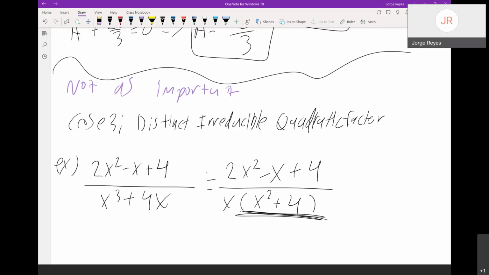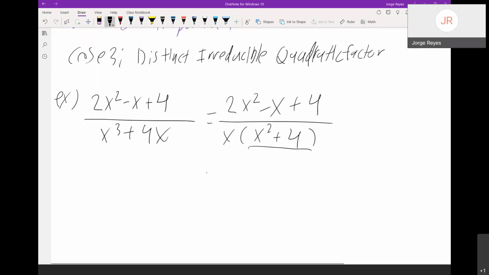All right, so when you have an irreducible quadratic factor, what changes? First of all, the x is the same. So this is going to be a over x. What changes though is because you can't factor the bottom, the top of this one is not just b.